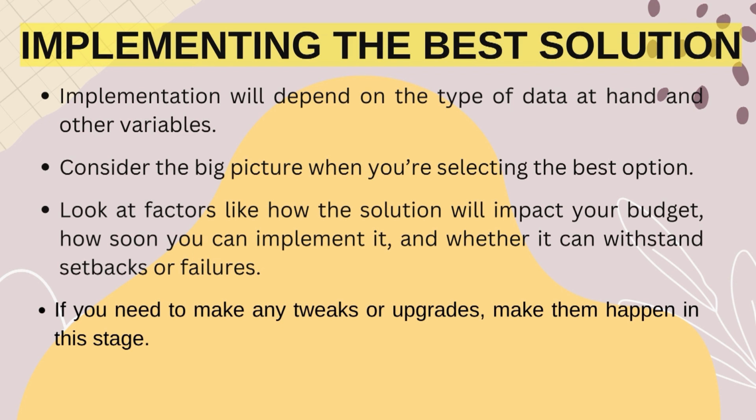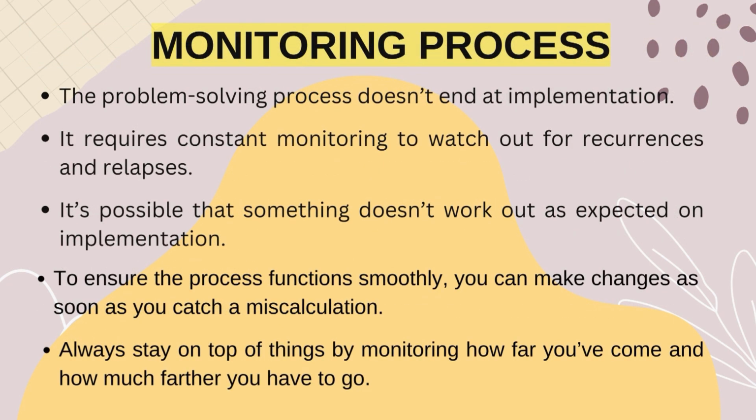If you need to make any tweaks or upgrades, make them happen in this stage. Monitoring: after implementing the best option, we can still decide whether it is moving in the right direction or not, and if it is not, we have an option to modify or change our decision.